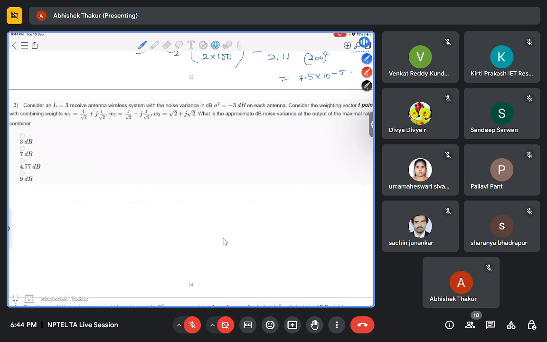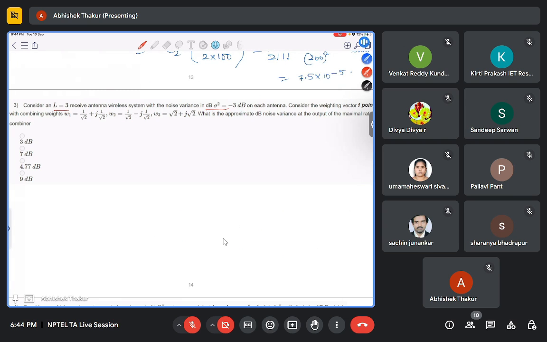So now coming to the third question. It is given, consider L equal to 3 receive antennas. So there are 3 antennas at the receiver end in the wireless system, with the noise power given as minus 3 dB on each antenna.